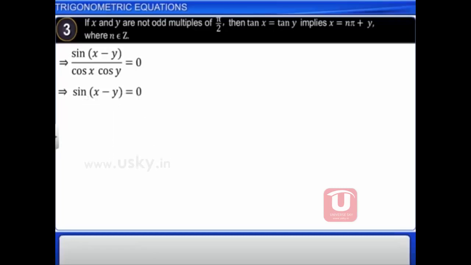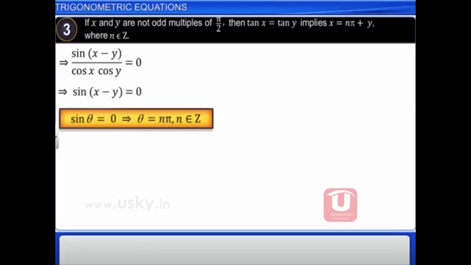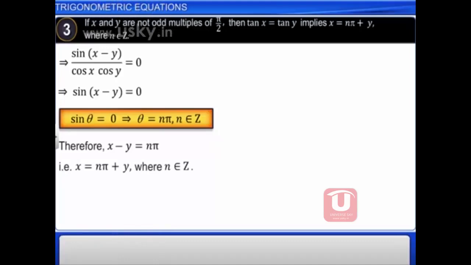We know that if sin θ is equal to 0, then θ is equal to nπ, where n is any integer. Thus, if sin(x − y) is equal to 0, then x − y is equal to nπ, or x is equal to nπ + y, where n is any integer. Hence the result.